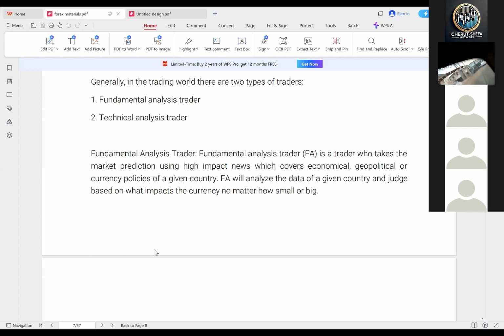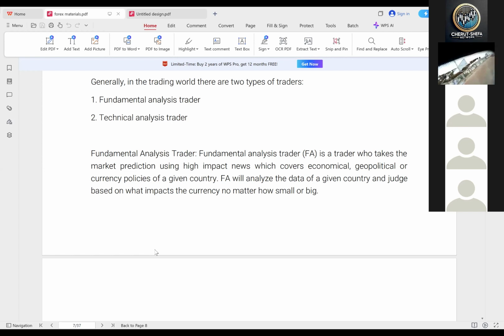Fundamental analysis is trying to understand what is going to happen in the market using events such as interest rates, such as non-farm payroll, employment news, because from time to time, every week, some of these countries release data.